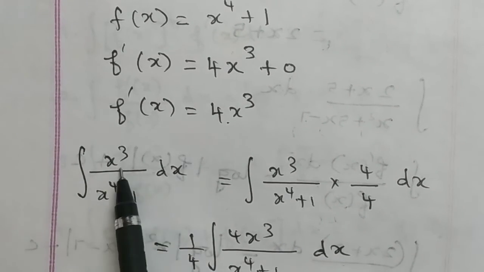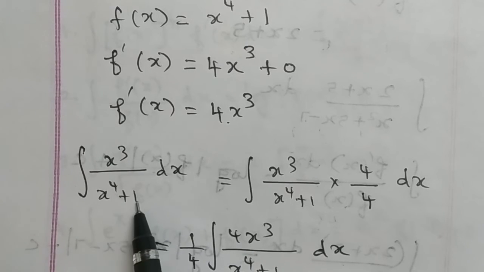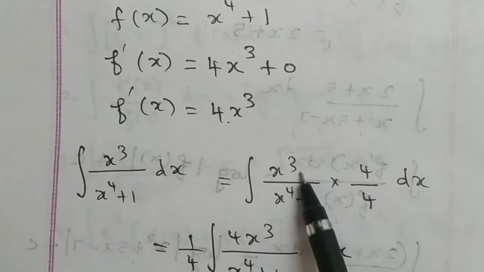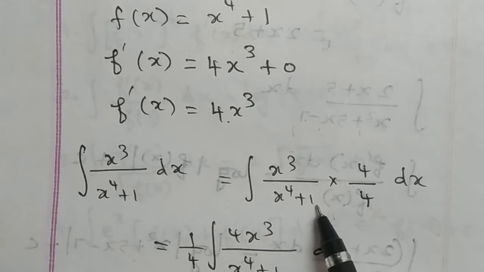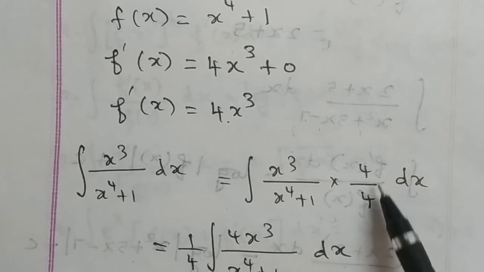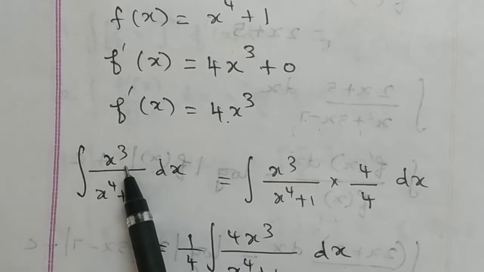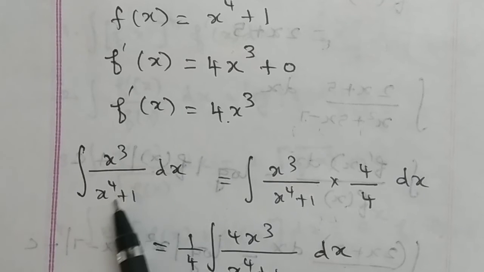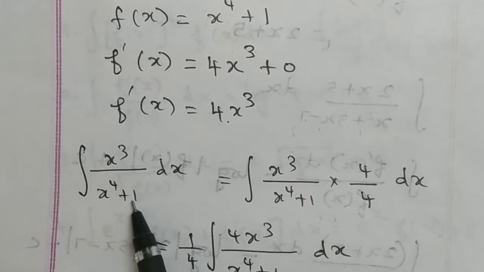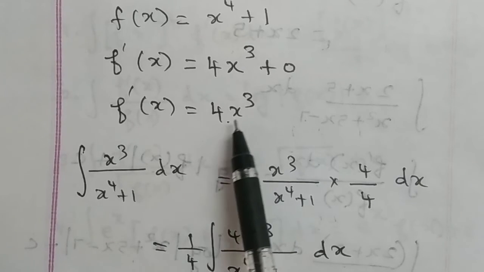So integral of x cube divided by x power 4 plus 1 into dx equals integral of x cube divided by x power 4 plus 1 into 4 by 4. See what is given in this question: x cube divided by x power 4 plus 1. The derivative of x power 4 plus 1 is 4x cube.